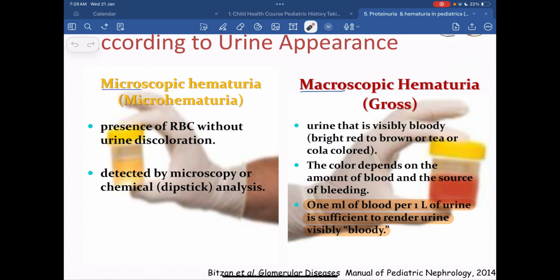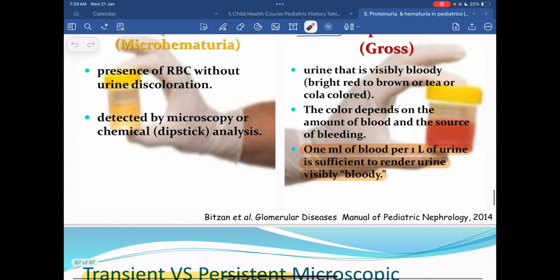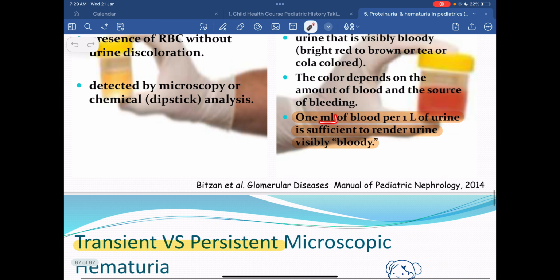The urine is visibly bloody, whether bright red, brown, or tea-colored as in myoglobinuria, or it resembles myoglobinuria, or there is a lot of blood. The color depends on the amount of blood and the source of bleeding. One milliliter of blood per 1 liter of urine is sufficient to render urine visibly bloody.